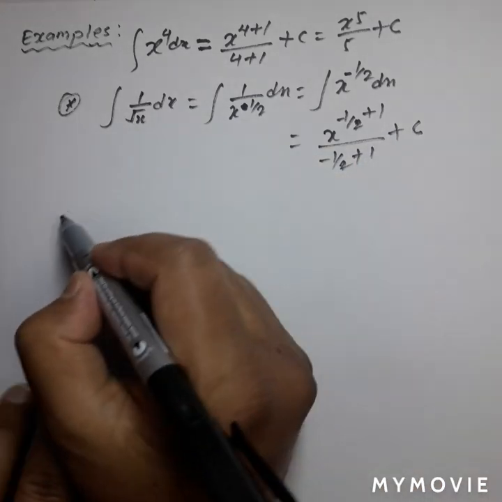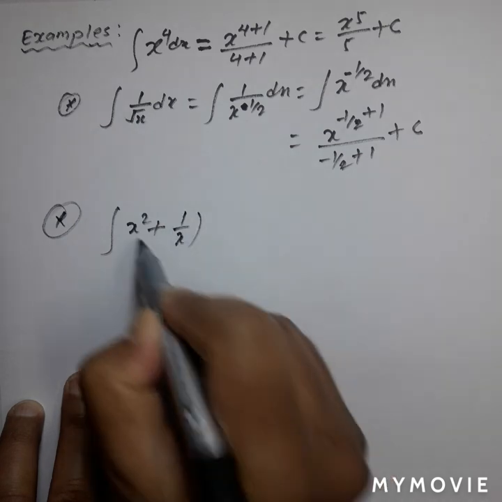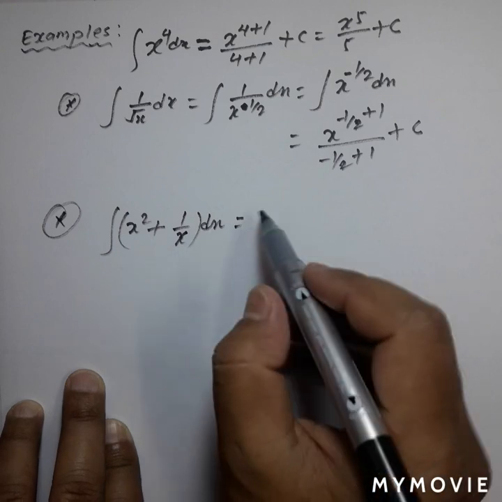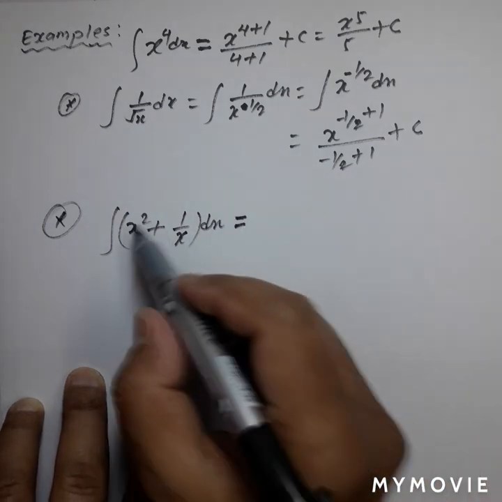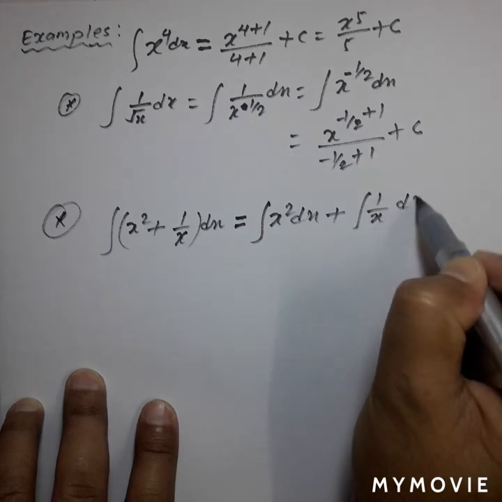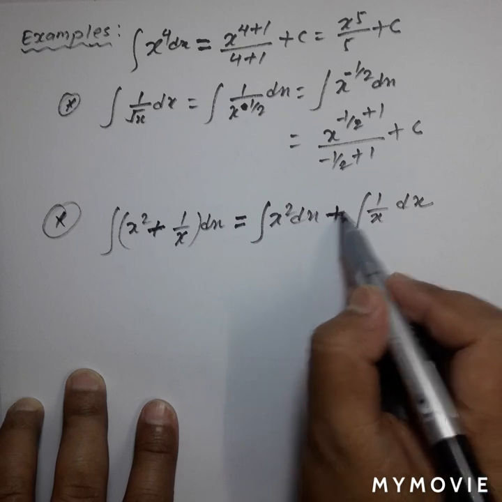Similarly, let us take one more example, (x^2 + 1/x) dx. What is this? Here there is a plus, there are two terms, so by the property of integration we can separate this dx. This is the property: when there is plus, we write plus; when there is minus, we write minus.